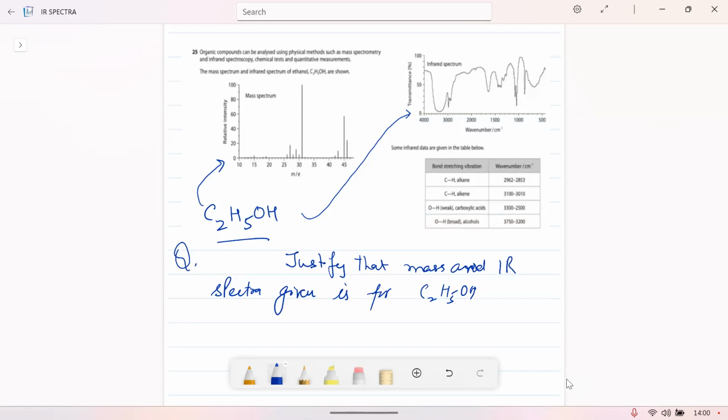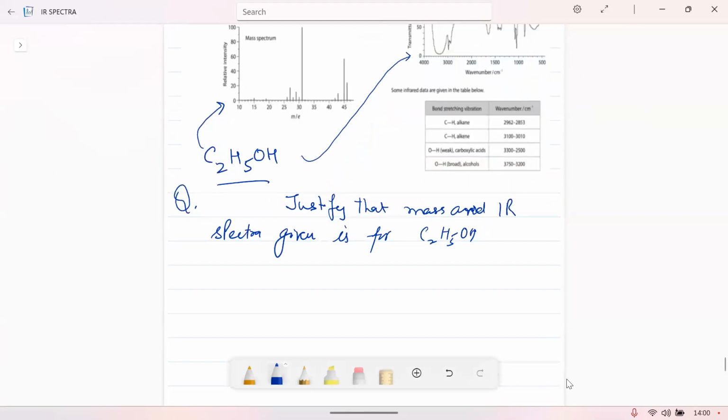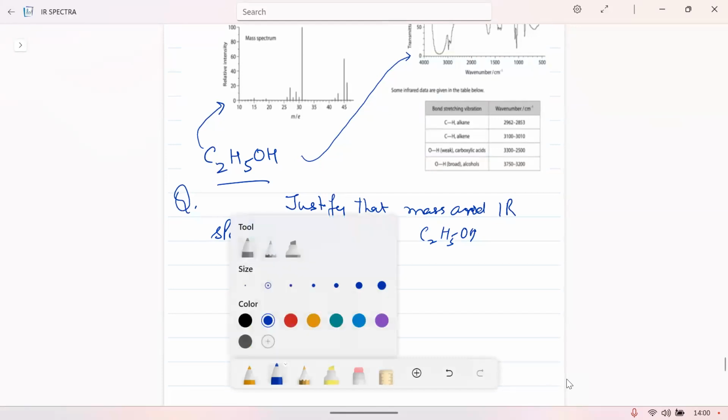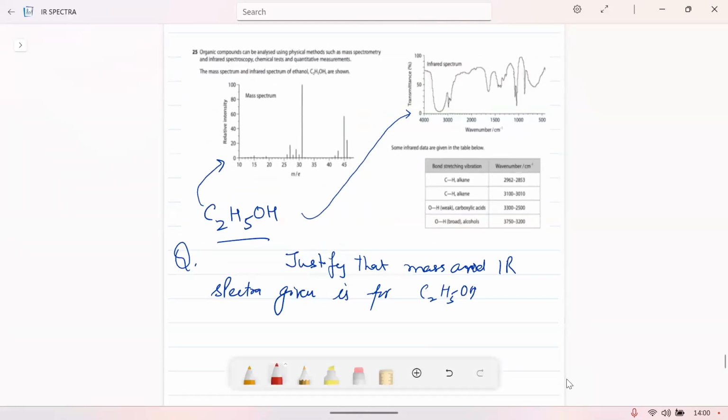Now, the first thing is you will look at the mass spectra. From the mass spectra, we figure out that this is your molecular ion peak. Why? Because it is the maximum m/z value. So this relates to the Mr of the substance.